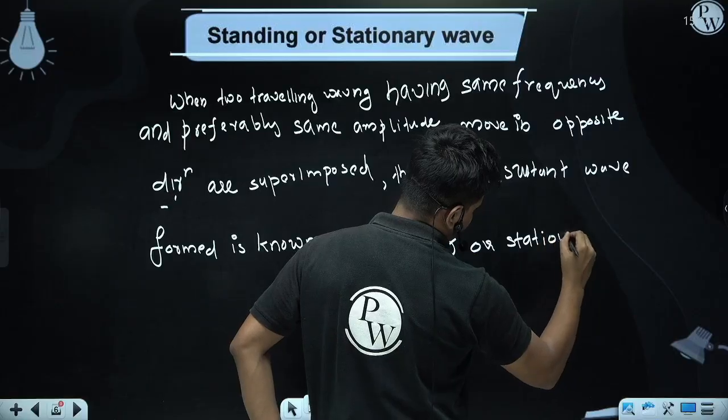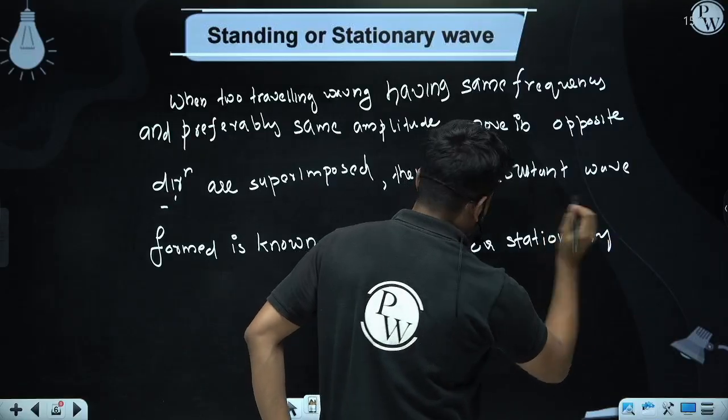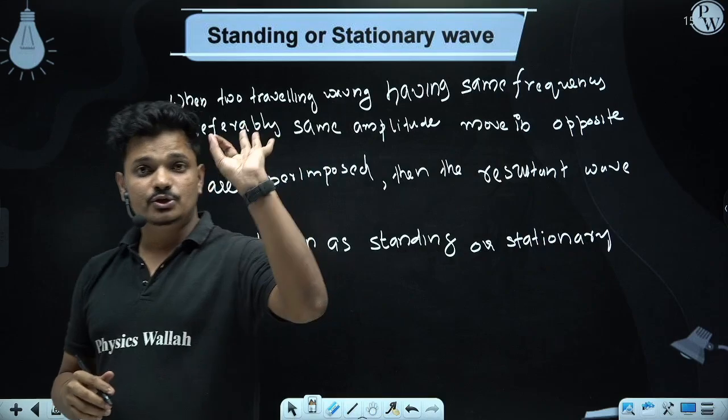Okay, students, so this is a superimposition of two traveling waves.